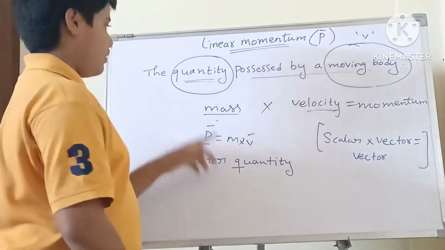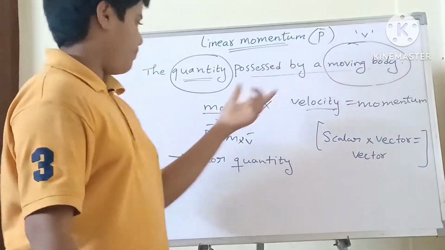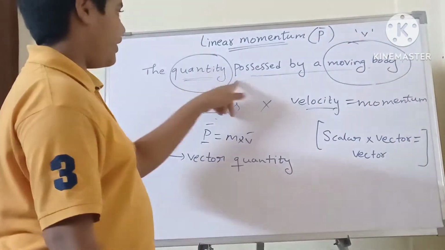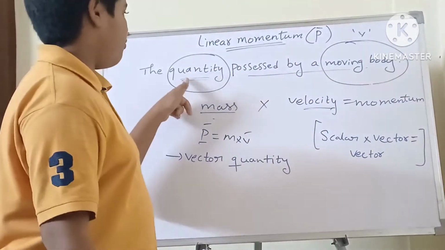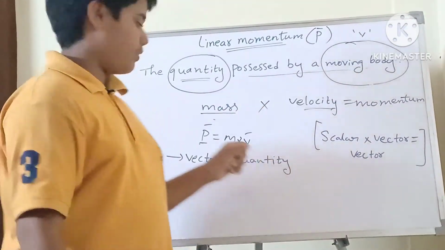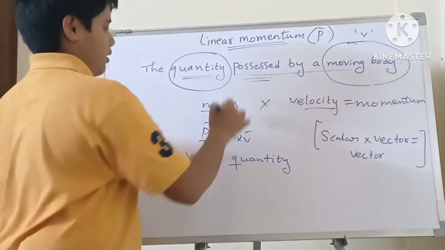The quantity possessed by a moving body means we have to multiply mass into velocity. Here we are multiplying mass into velocity, the product of mass into velocity. This is a statement.